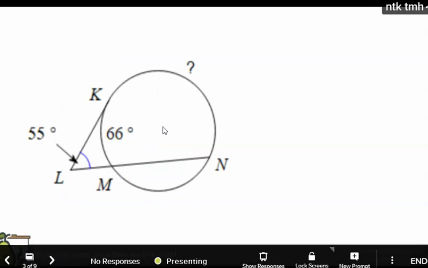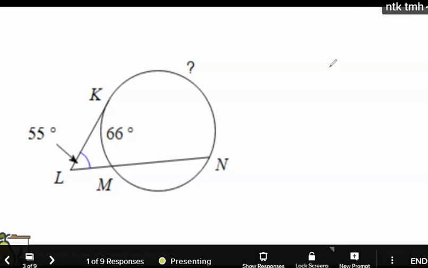Okay, this was a little different. So remember, guys, that we talked about half the difference. So this is one where it's half the difference. So it's big arc minus little arc divided by 2 is going to equal this angle on the outside.